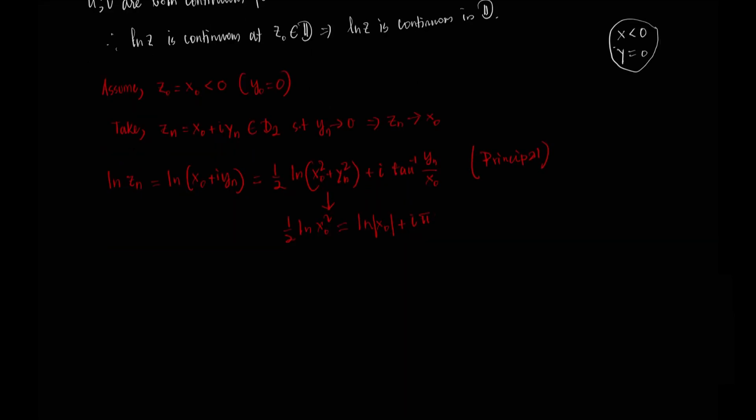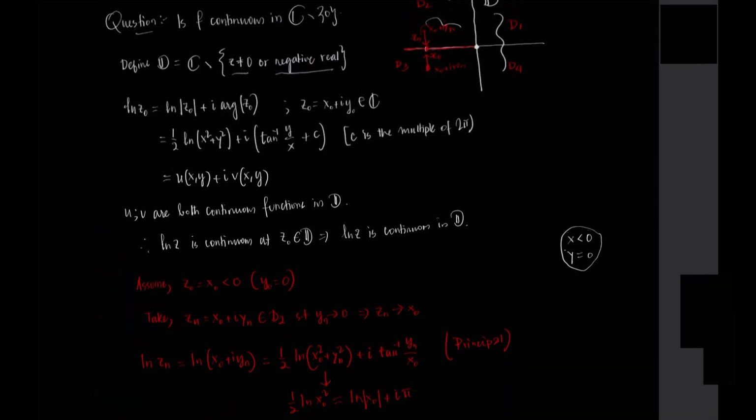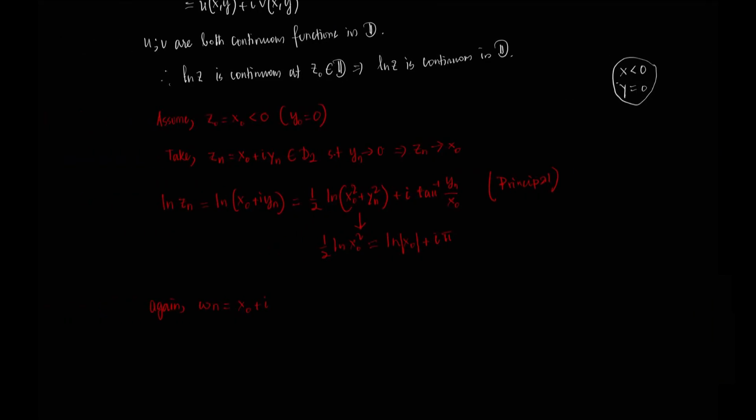Now what happens again, if you define Wn to be x naught plus i yn? Again take another sequence Zn, take Zn to be x naught plus i Wn.